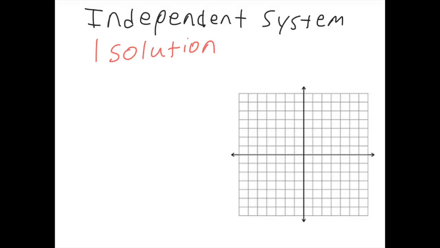That means in their graph, they will intersect only once. And the way that you can tell that a system is independent is they have different slopes.